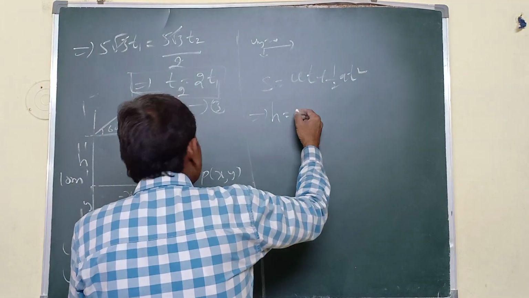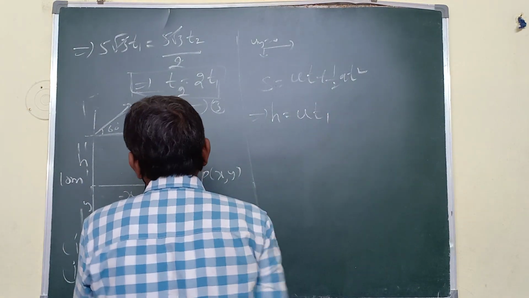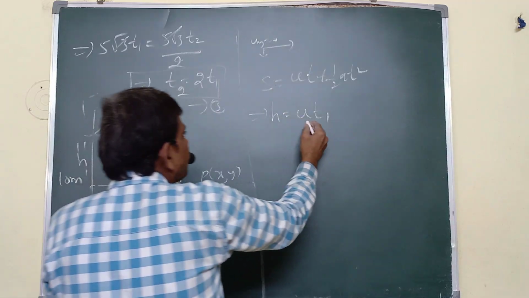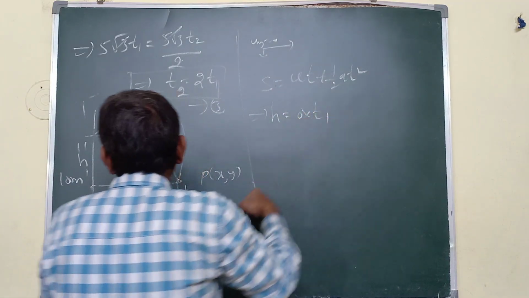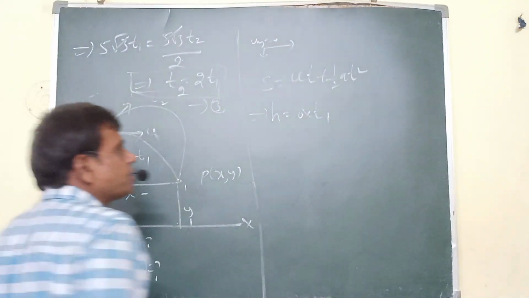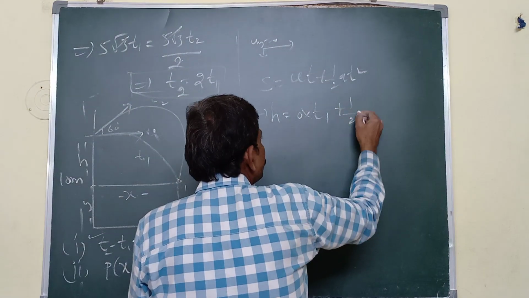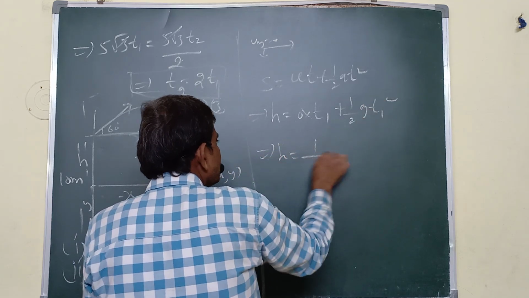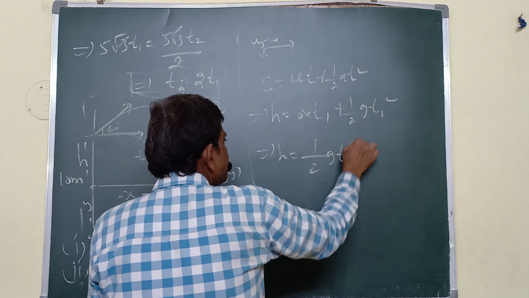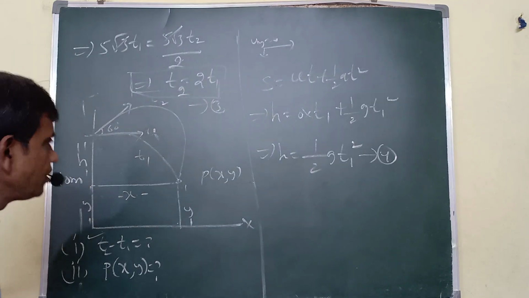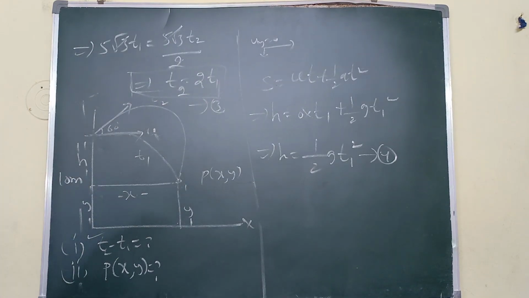Vertical initial velocity is 0, because it is vertical displacement, not horizontal. So h equals ut plus half at square, moving downward, so half g T1 square. Now what is the height? Half g T1 square. This is my equation number 4.